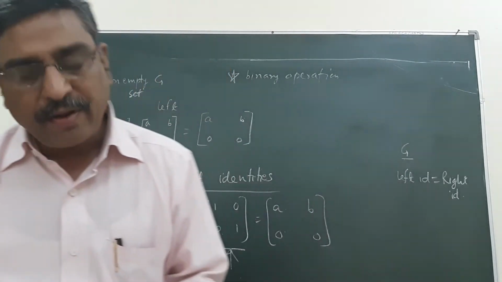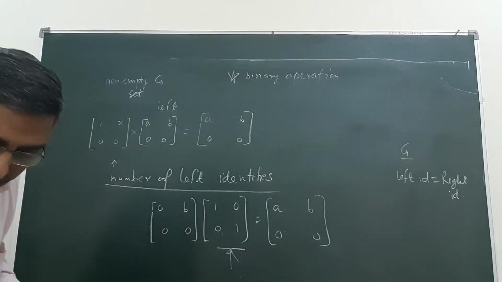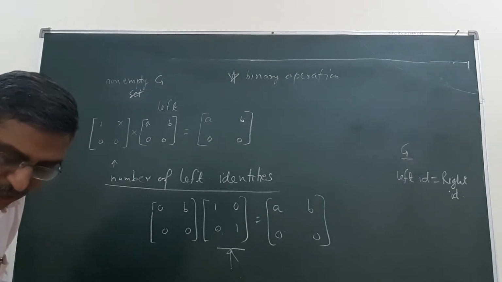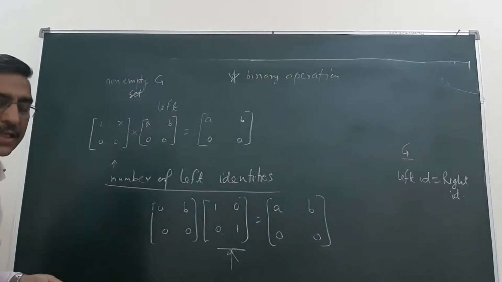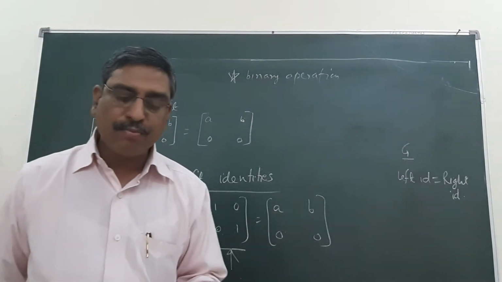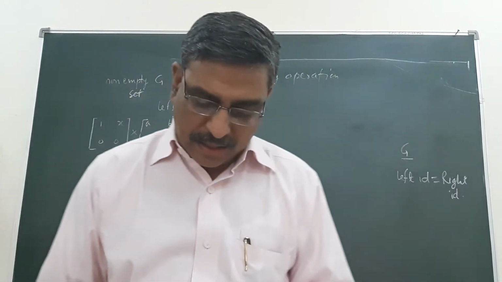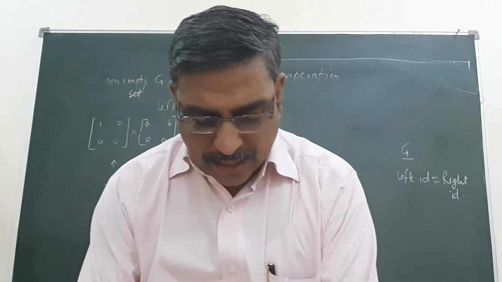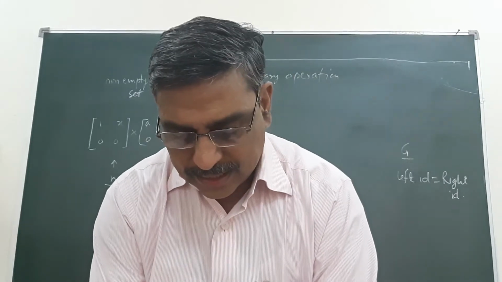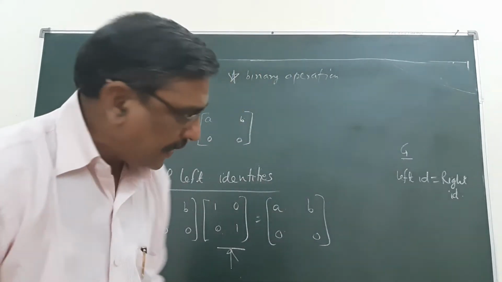In this way we can see left identities and right identities; similarly for left inverse and right inverse, we can prove similar results. So these are some important examples that I have completed.